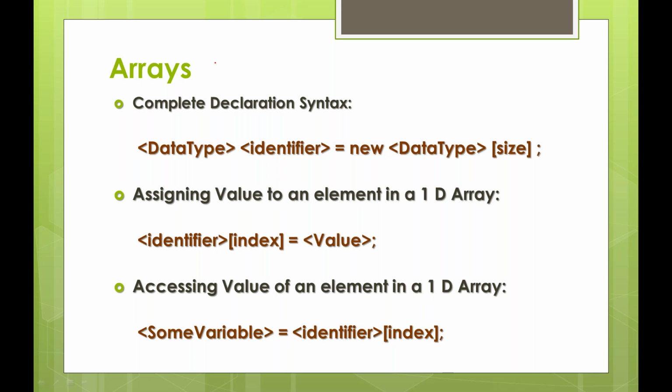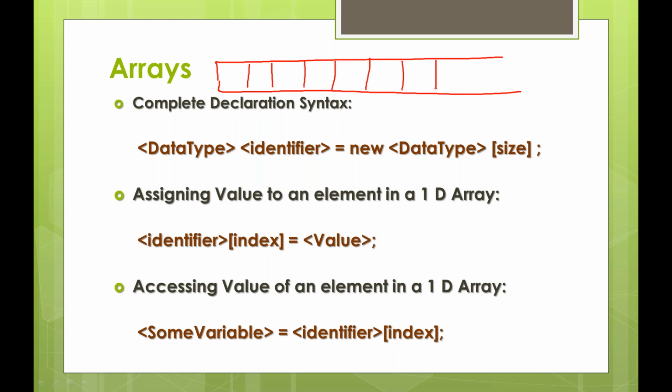Now I have this: 1, 2, 3, 4, 5, 6, 7, 8, 9, 10. I'm specifying the index at the top: 0, 1, 2, 3, 4, 5, 6, 7, 8, 9, because the index always starts with 0.